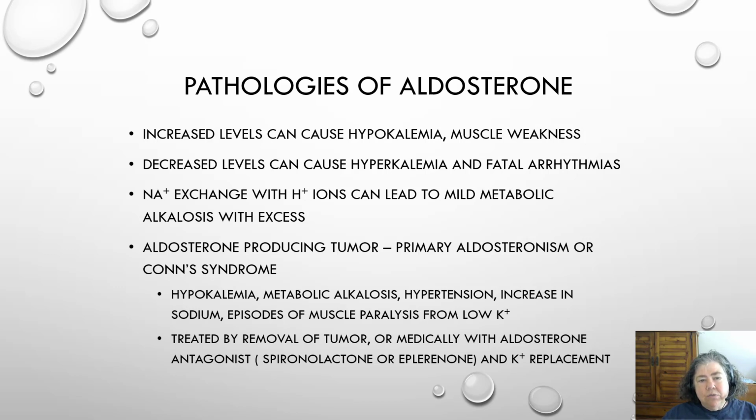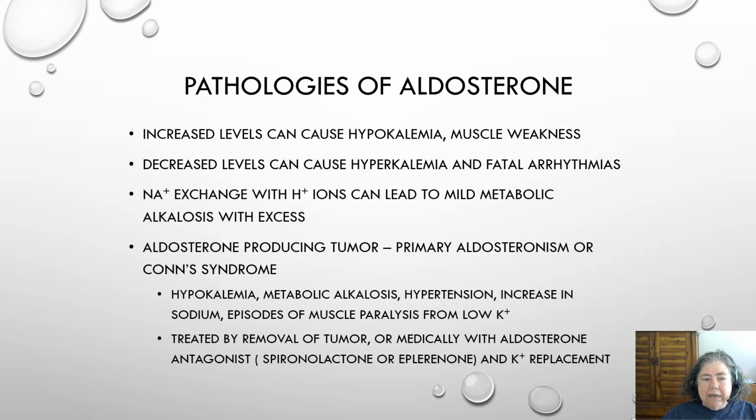So, an aldosterone producing adenoma produces a condition called primary aldosteronism or Conn syndrome, and it results in low potassium, metabolic alkalosis, hypertension, sometimes high sodium levels, and periodic episodes of muscle paralysis from very low potassium levels.